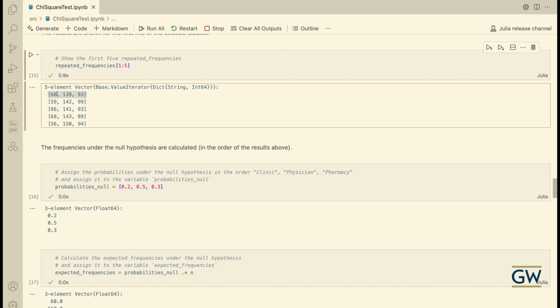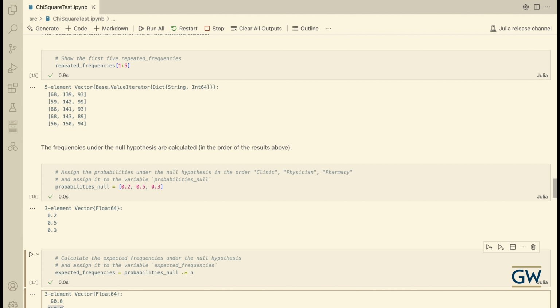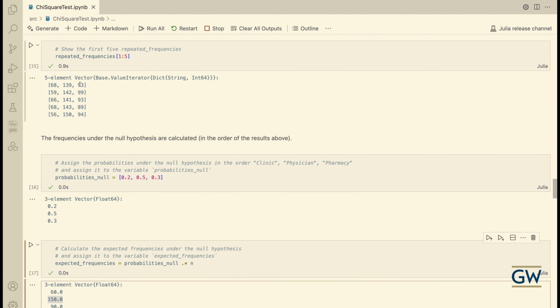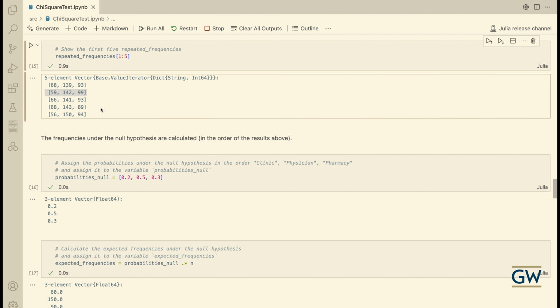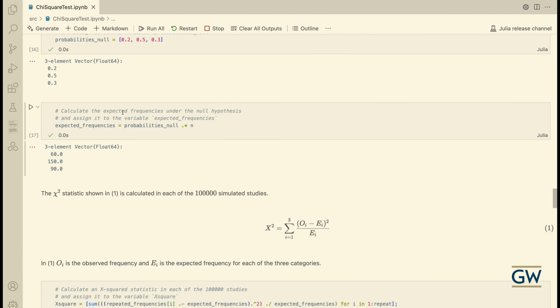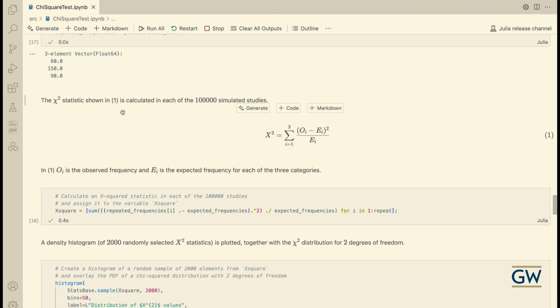For that one, it's going to be (68 minus 60) squared divided by 60, then (139 minus 150) squared divided by 150, and then (93 minus 90) squared divided by 90. And then if I sum over all those, I get an x squared statistic. And then I go to my second run, and then the third, until I go through all 100,000 so that I have 100,000 x squared statistics.